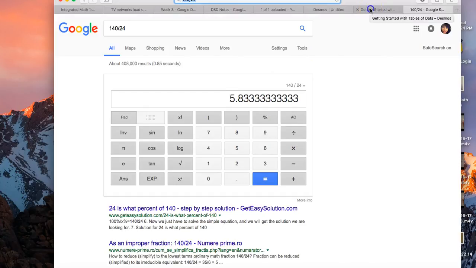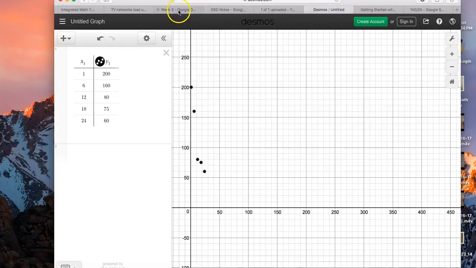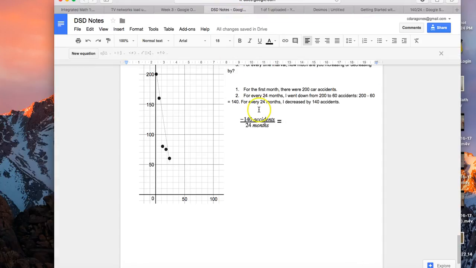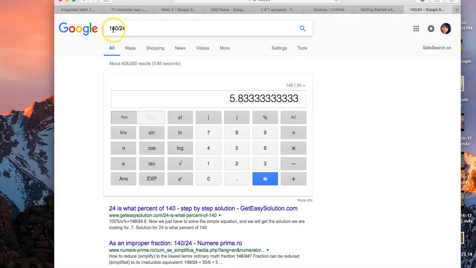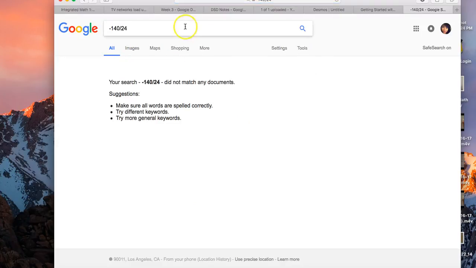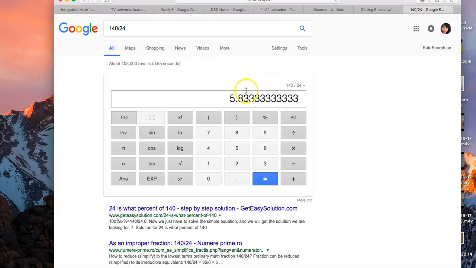So I'm decreasing, so this is approximately, right? So this squiggly line means approximately. It's not exact, because negative 140 over 24 is, let me make sure this is all clear because I'm decreasing. So negative 140 over 24.